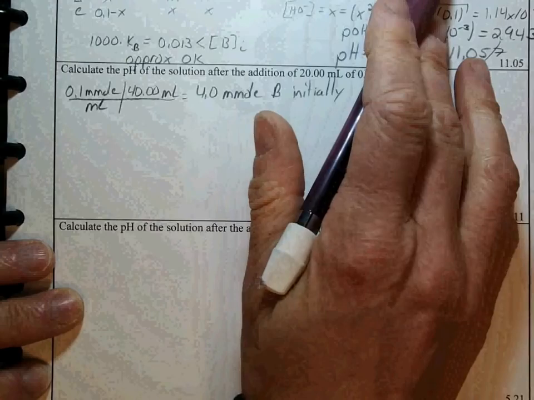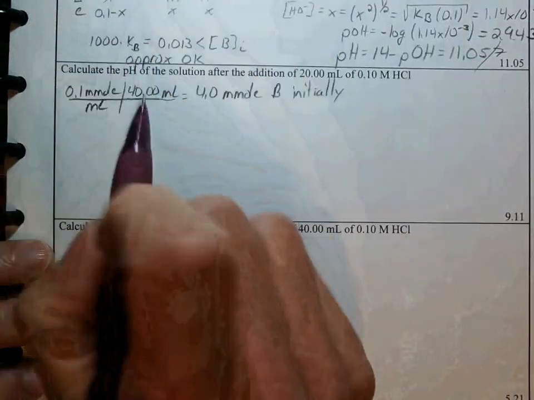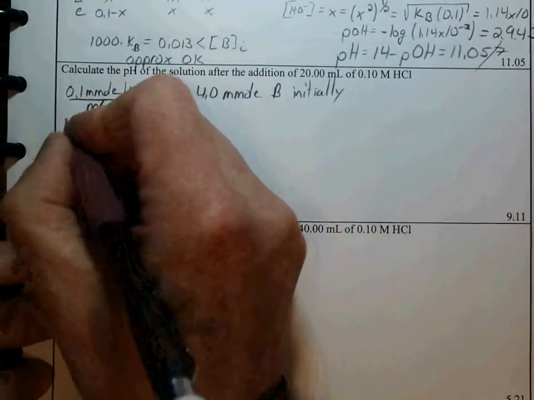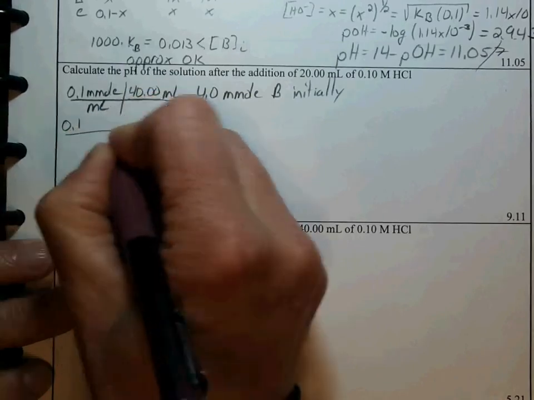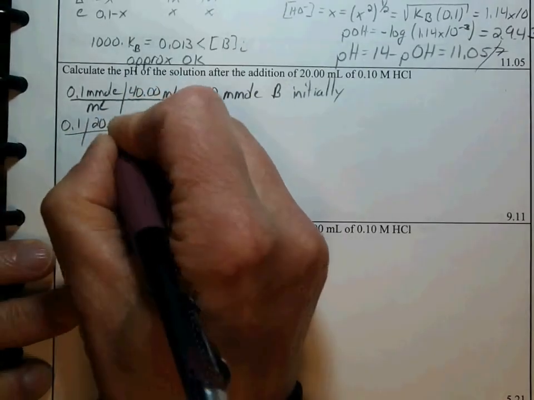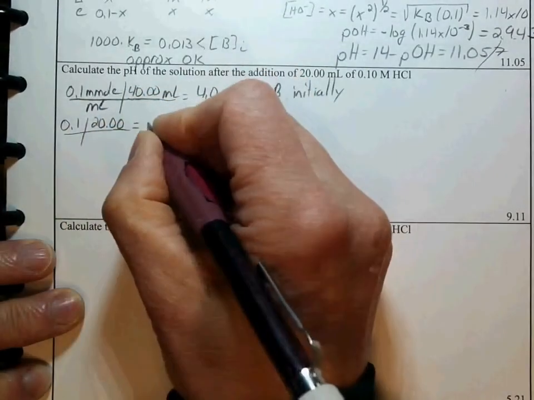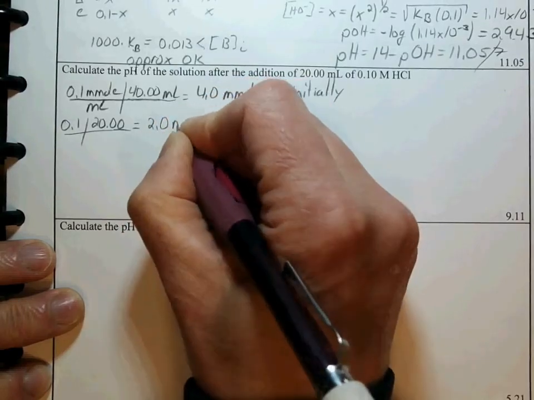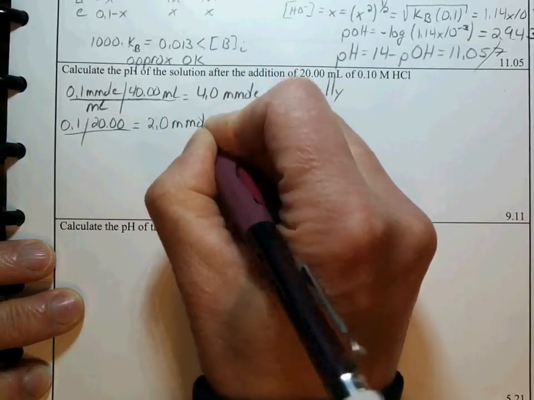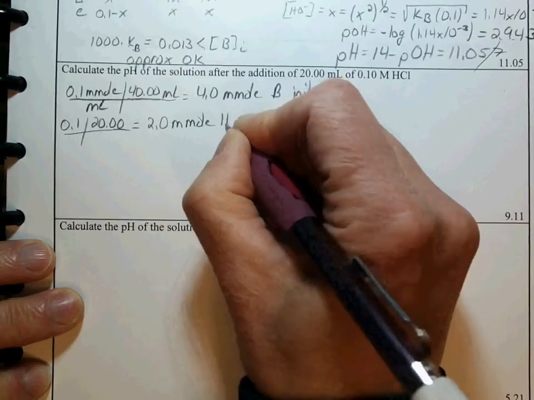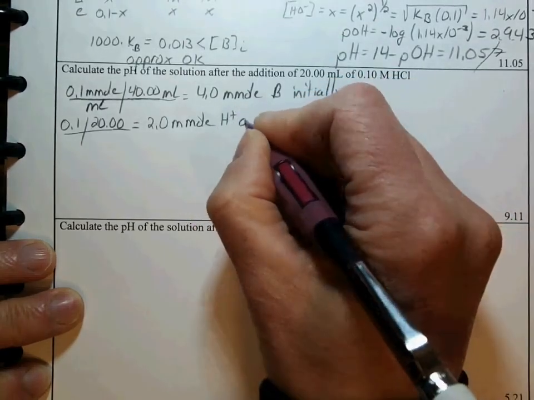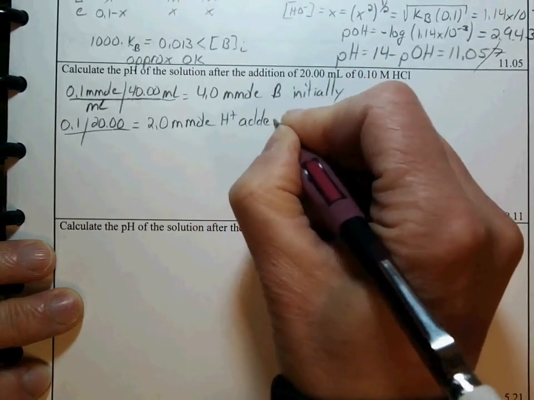Of our added acid, we have 0.1 molar and 20 milliliters. So 0.1 times 20 milliliters, we have 2.0 millimoles of H plus added.